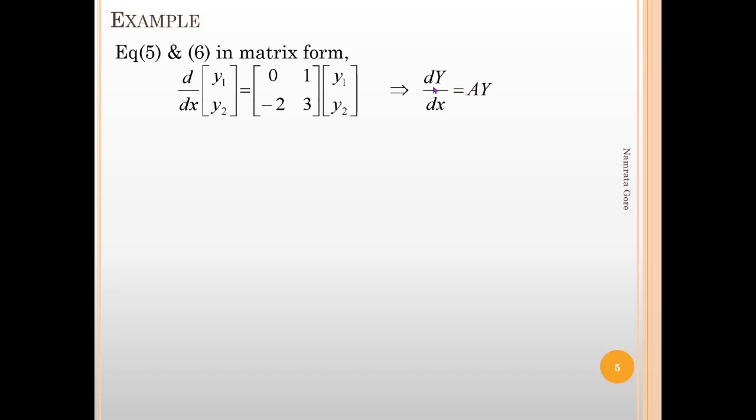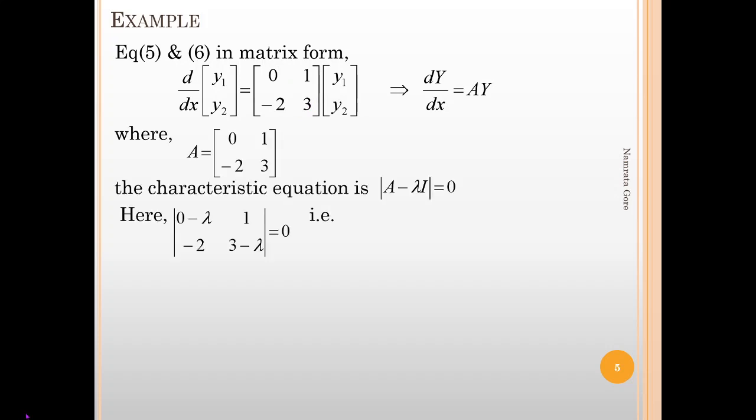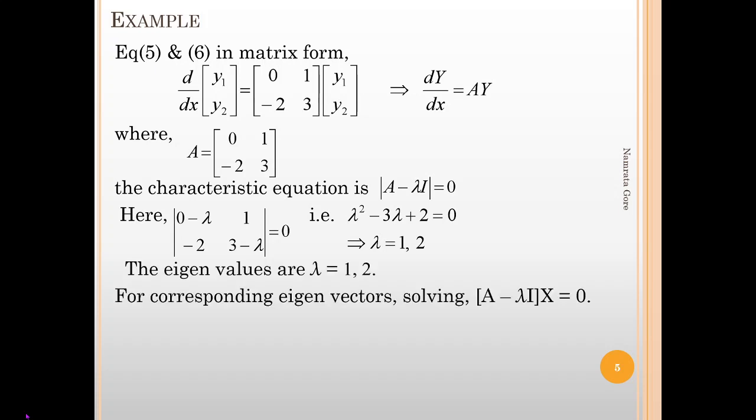Writing it as dy by dx equal to Ay, A is our matrix 0, 1, minus 2, 3, for which we'll write the characteristic equation and find the values of lambda that are eigenvalues 1, 2. For every eigenvalue, we will find the eigenvector solving the matrix (A minus lambda I) X equal to 0.